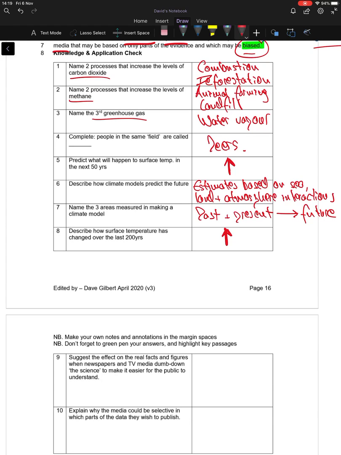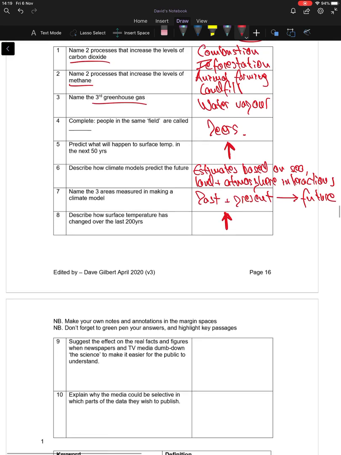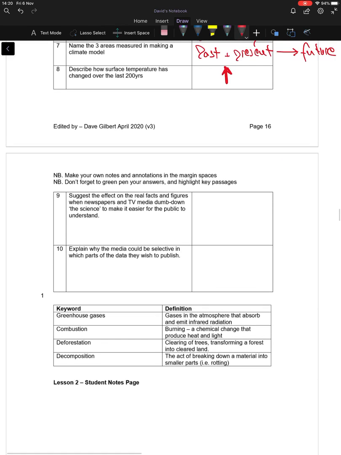Then, last couple of questions. Suggest the effect on the real facts and figures when newspapers and TV media dumb down science to make it easier for the public to understand. So one of the things is they only present partial evidence, which means that conclusions can be at the risk of being biased.